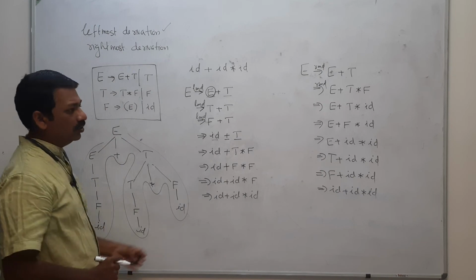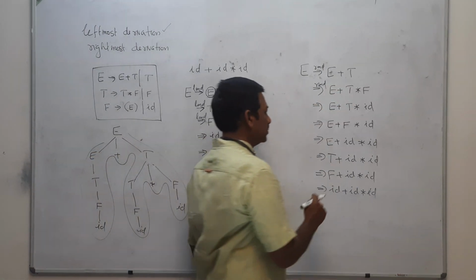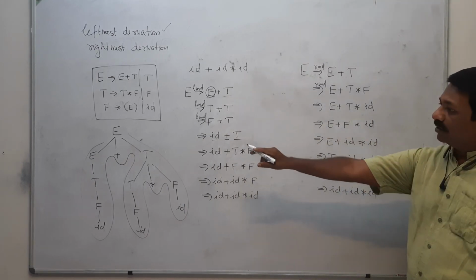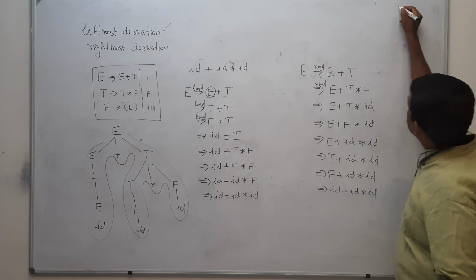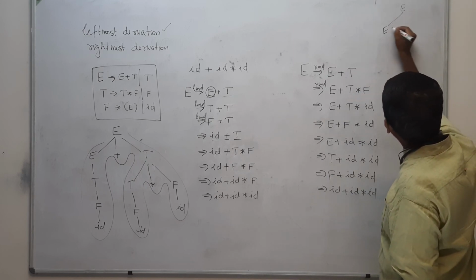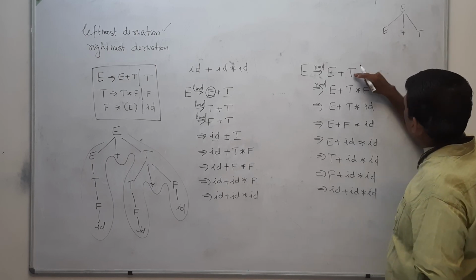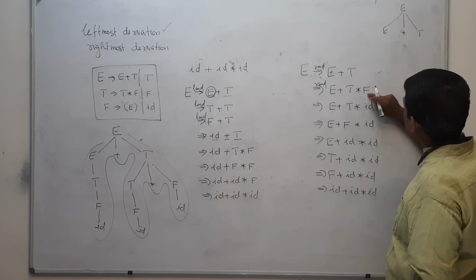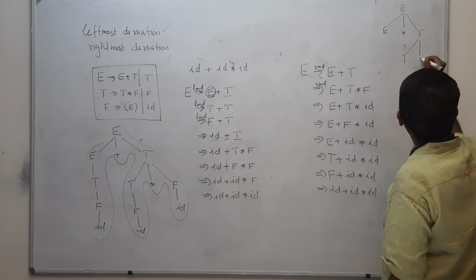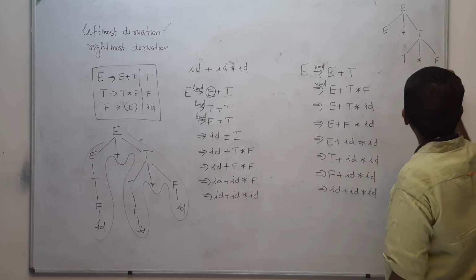Now I am going to have a parse tree for this also. This is not a parse tree, this is a derivation tree. And the derivation tree for this is E derives E plus T. I am going to replace this T with T star F, and F is replaced with id.